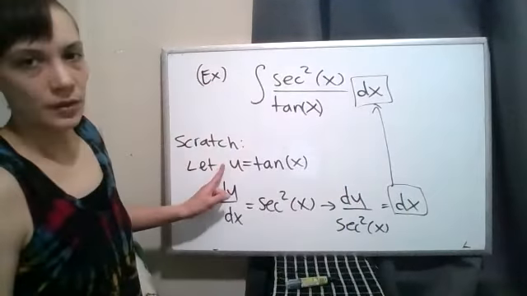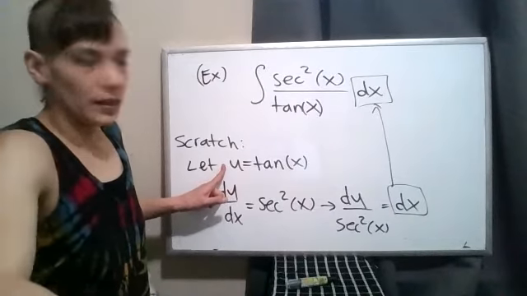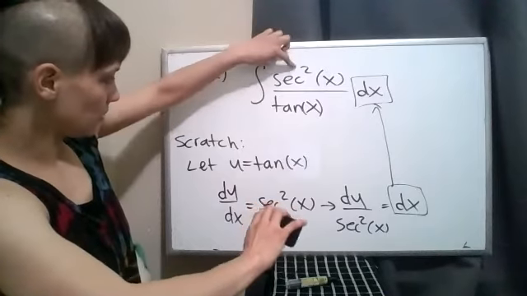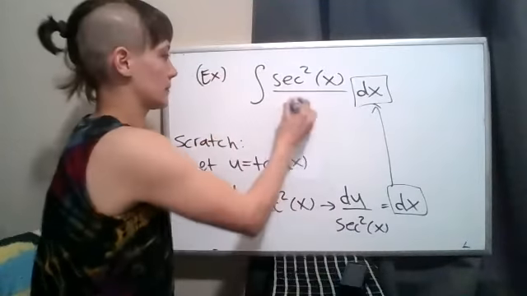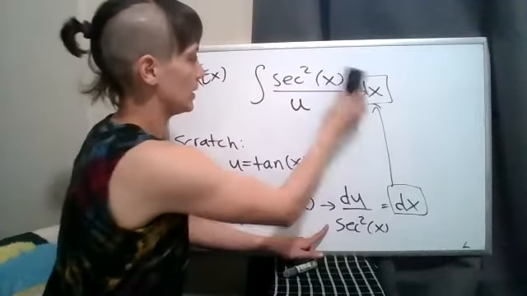And I put this in place of that, and do my substitution for tangent x. It's going to be an integral of secant squared over u times dx, which is du over secant squared of x.